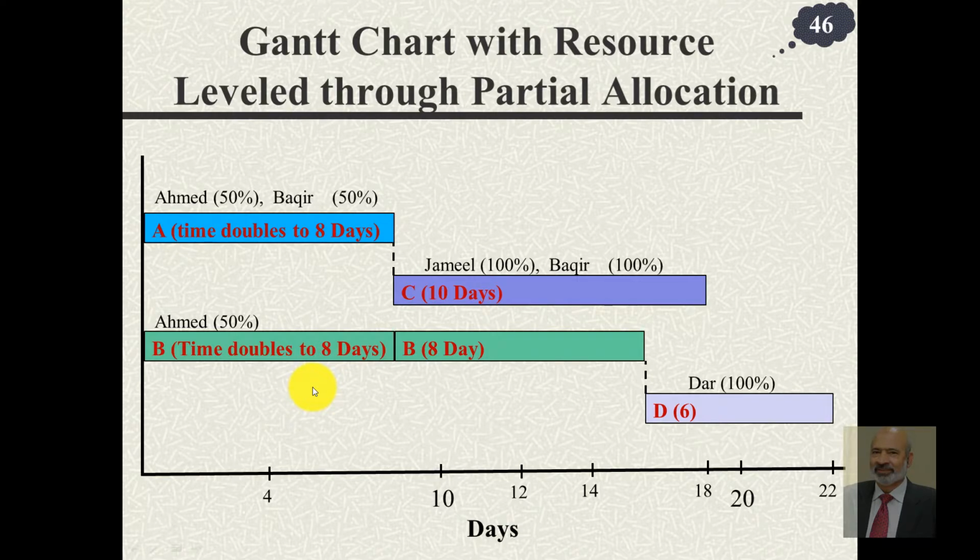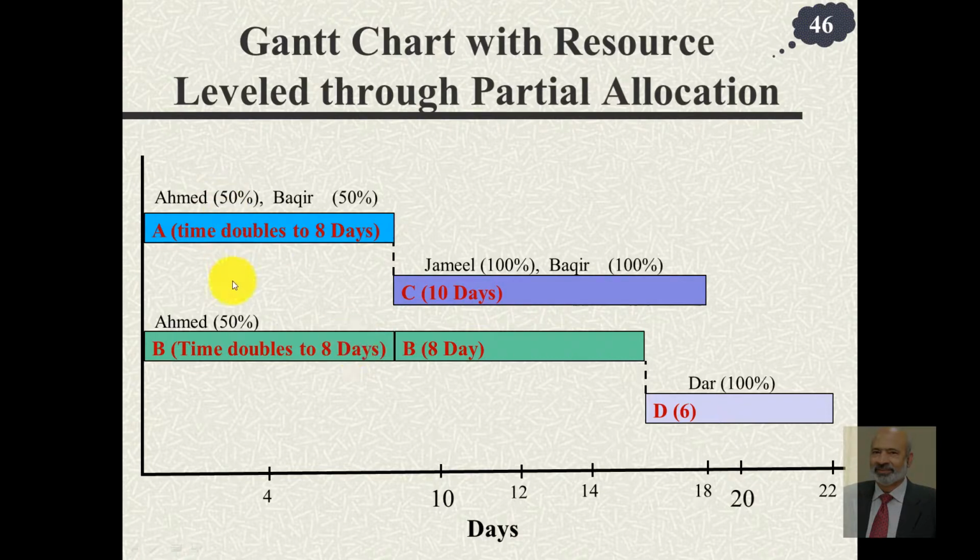The other method is the partial allocation. Here, instead of allocating 100% time, Ahmed has 8 hours, Bakir has 8 hours. Why not ask them to spend 4 hours per day, and Ahmed would spend 4 hours per day here.